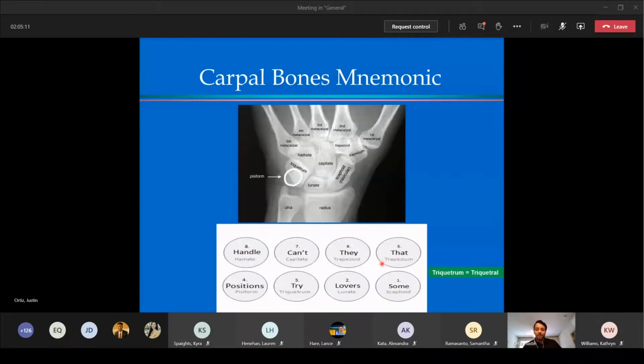If you put it in this way, it's oriented in the way that you have to remember it. If you hold your hand out like this, the thumb would be on the right-hand side, your thumb side, and then you just go across. So it'd be Some Lovers Try Positions, and then you come back to the top, That They Can't Handle. So this would be the Some, scaphoid, also called navicular.